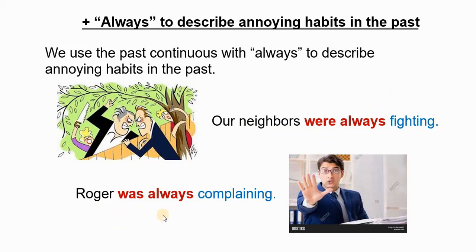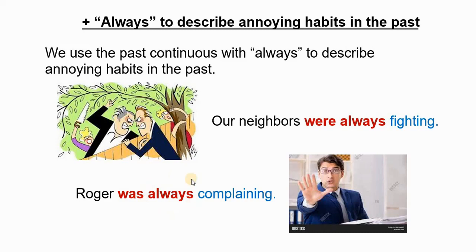Roger was always complaining. So we are in a way judging Roger. Alright? We are giving a negative judgment. So, always goes between the auxiliary verb and the main verb in the past continuous.